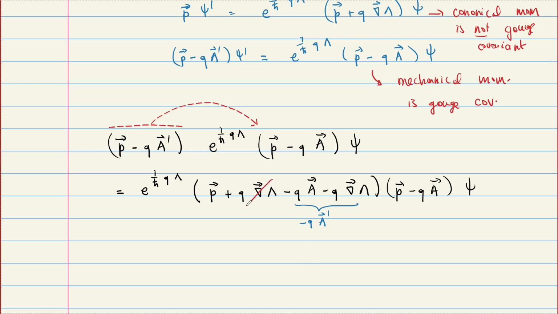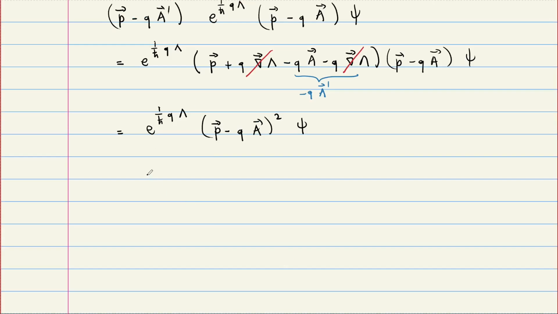Similarly, this plus q gradient of lambda and minus q gradient of lambda cancel, and at the end what I have here is e to the i over h bar q lambda, p minus qa squared acting on psi.